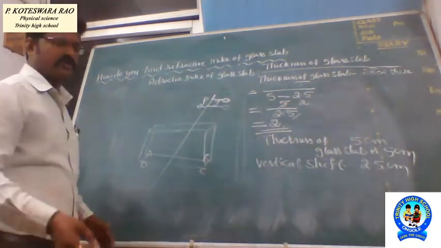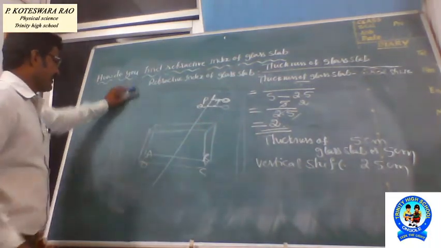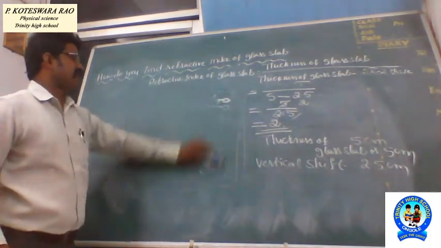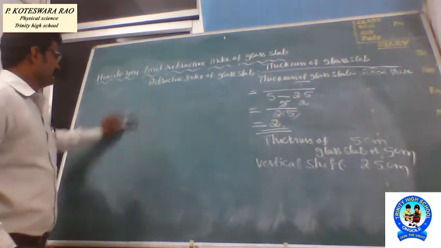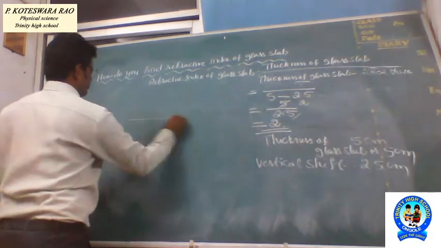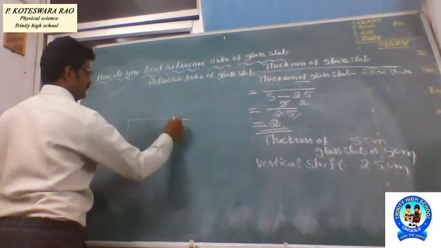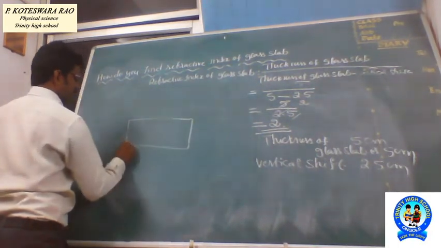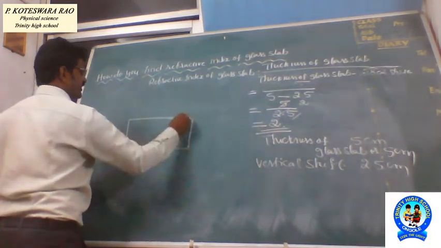Here, we want to ask one question. What happens if a light ray passes through that glass slab? How many times can it refract? For example, this is the glass slab.